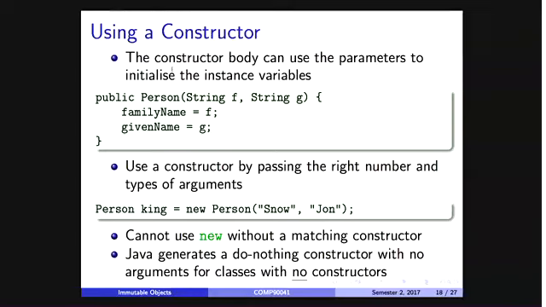It initializes it. Notice it doesn't return anything. You never return anything from a constructor, and that's it. So now king is going to be an object that has been allocated, has enough memory for it, and has had these operations performed on it. In other words, the instance variables are initialized.